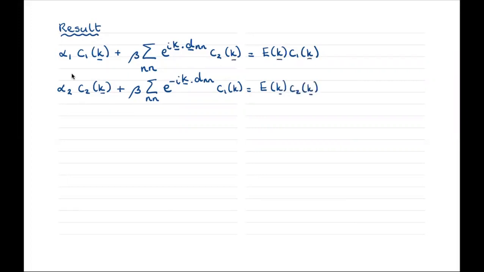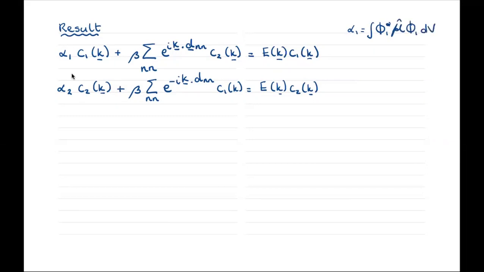And here are our parameters, alpha 1, alpha 2, and beta. Make a list of these over here. Alpha 1 is equal to the integral phi 1 star H phi 1 over all space.